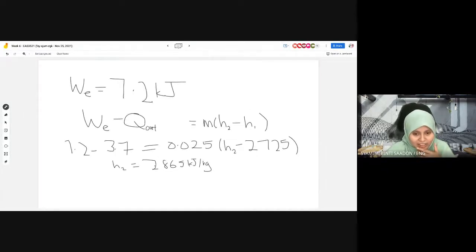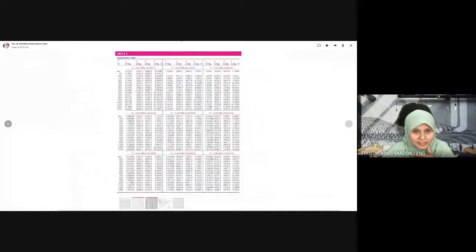Okay, and then by using this H2 value, we look at the table A6 just given. Okay, so table A6, the one Afiq asked about just now. Constant pressure.